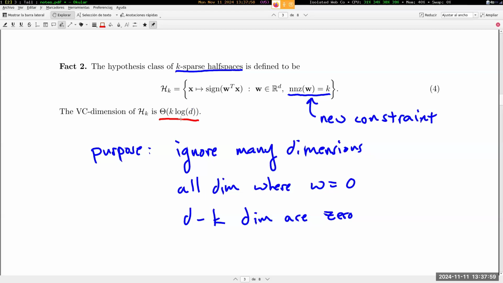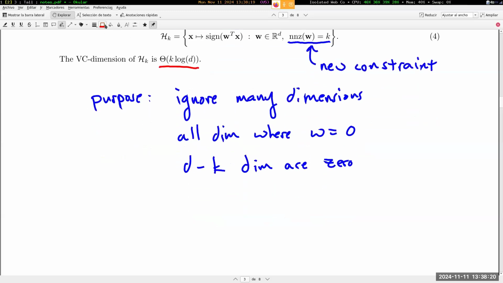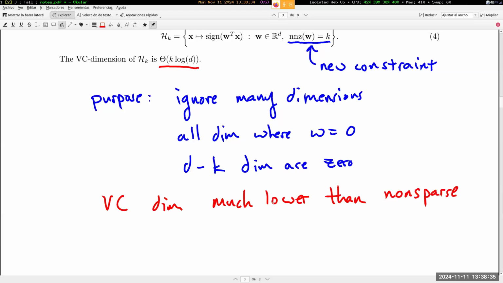So if our hypothesis class is very sparse, our W vector is very sparse, which means the number of non-zeros is very small, then k will also be very small, and our VC dimension will be much, much lower than the non-sparse case, when k is much less than d.